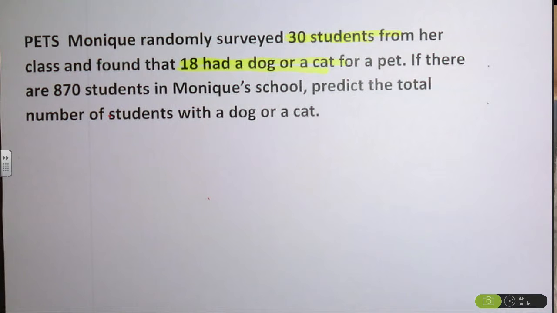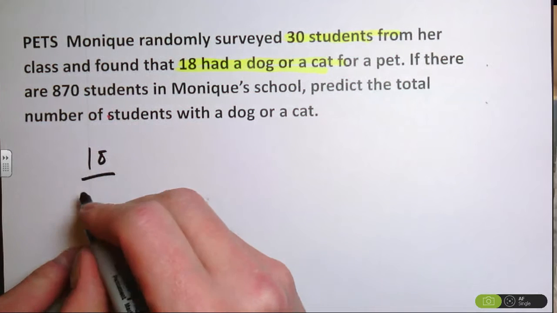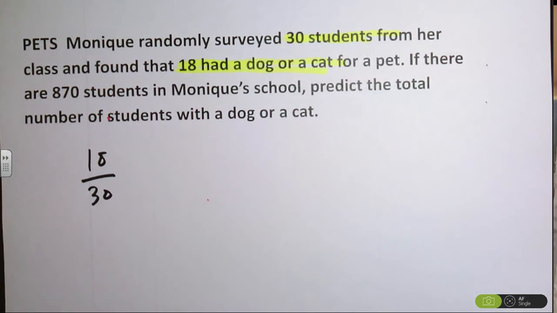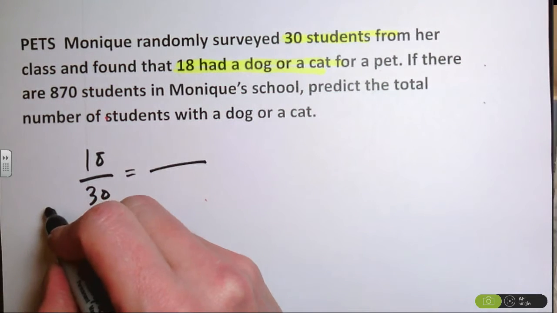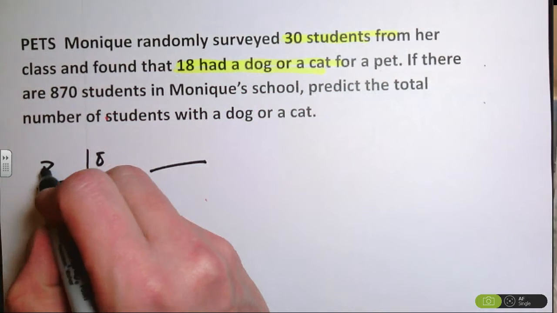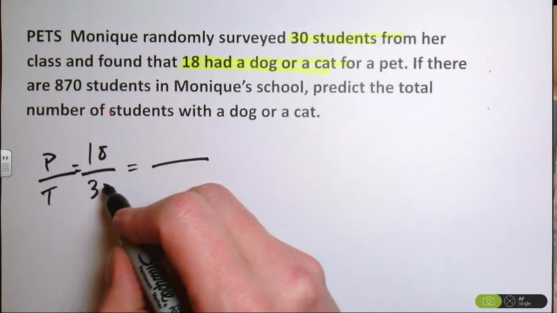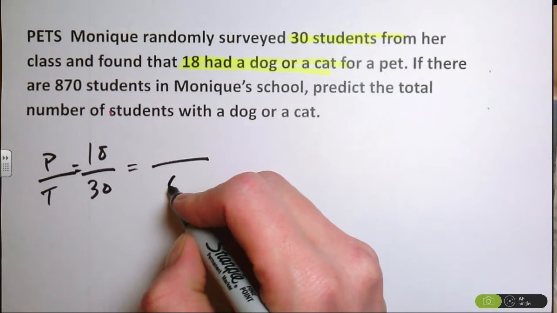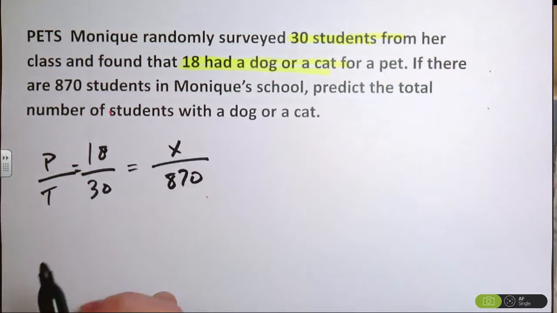Okay. So if you look at those two, 18 over 30 is 18 students with dogs or cats out of 30 total. The question is, if she had 870 students in her school, again, this is total students, this is pets. Let's call this P to T, pets to total. If she has 870 students in her school, the question is how many of them have pets?